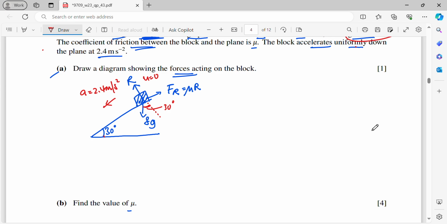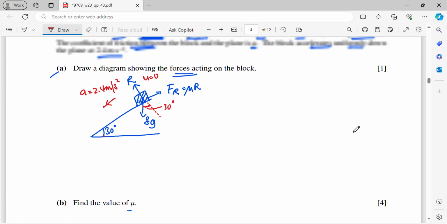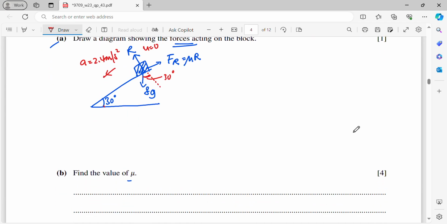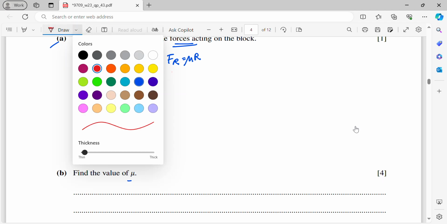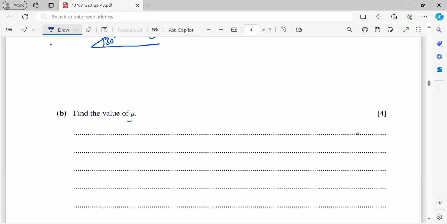Alright, so, okay, or probably I will just do it separately, because this is the solution for part A. So now I will just redraw this. Okay, so basically your diagram is like this, 30 degrees.